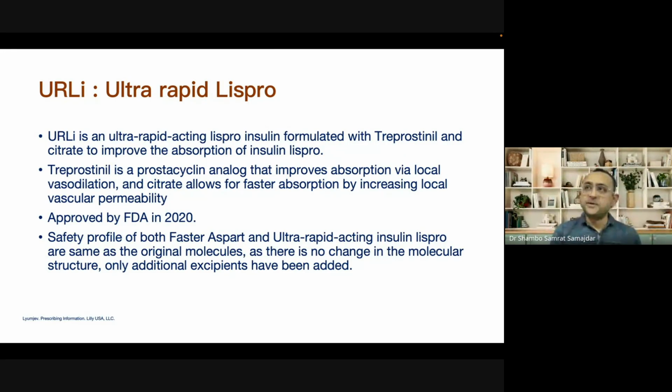So we talked about faster aspart. Now we also have the ultra rapid lispro, mimicking the fast acting insulin profile. Here again, the formulation was changed, a pharmaceutic modification done: treprostinil and citrate were used as absorption enhancers for insulin lispro.